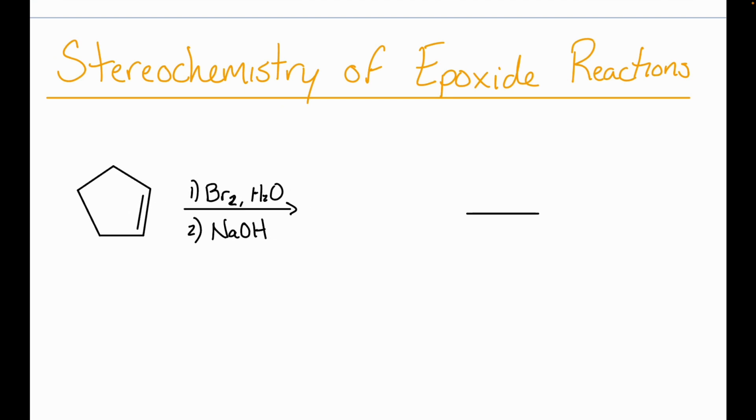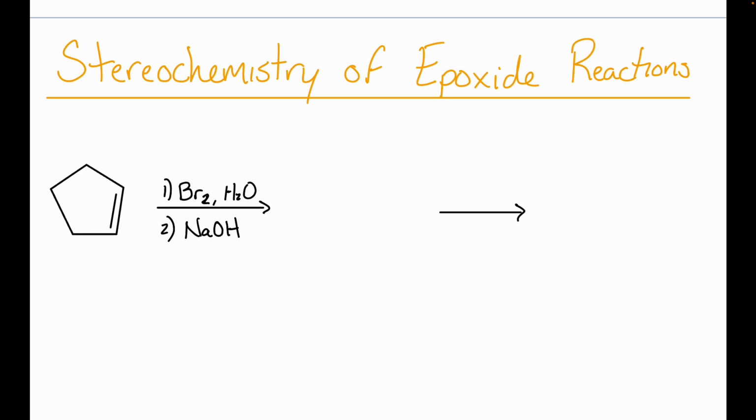And then we're going to take that and we're going to add in a nucleophile. Let's go ahead and use the cyanide ion. All right, and everybody take a second and tell me what my product of this reaction would be.